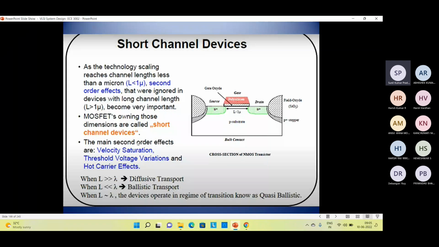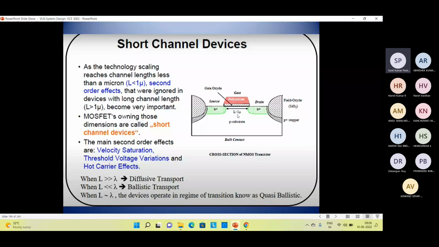Channel length means the effective length between source and drain. This N plus region constitutes one electrode, the source, and the other N plus region is the drain region, and that effective distance between source and drain is our channel length.